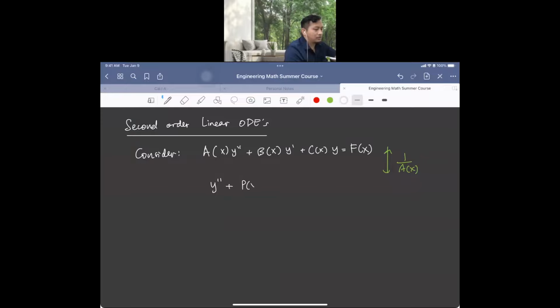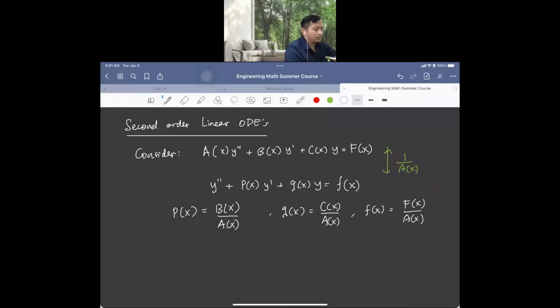And b of x, let's say we are going to exchange to another function of x here. This is also another function of x here, and becomes another function here. So we know that p of x is p of x divided by a of x, and q of x is c of x divided by a of x, and f of x, the small f, is the capital F divided by a. Okay.